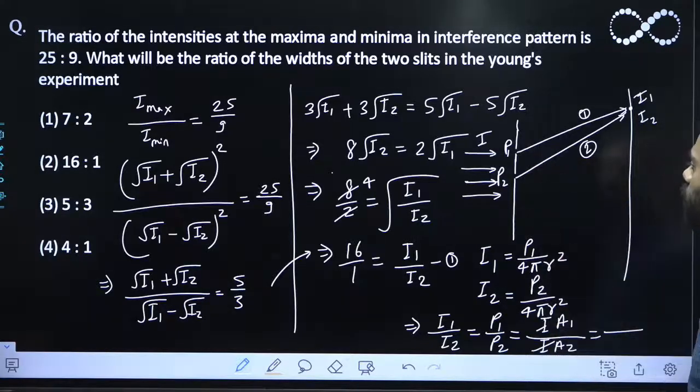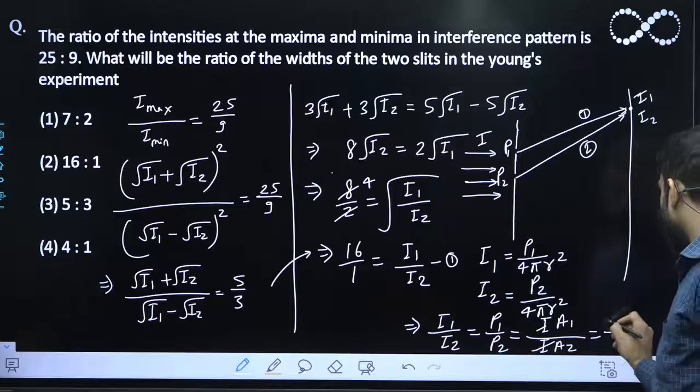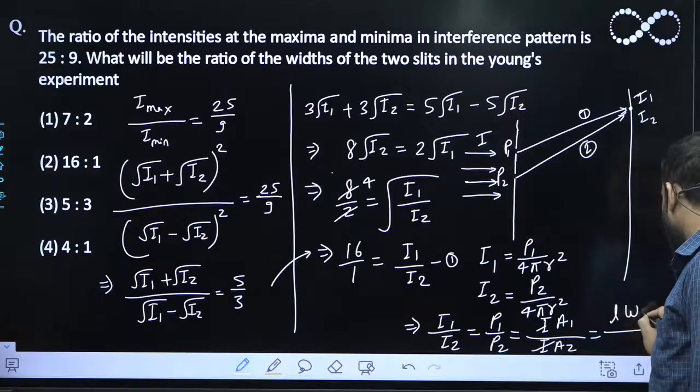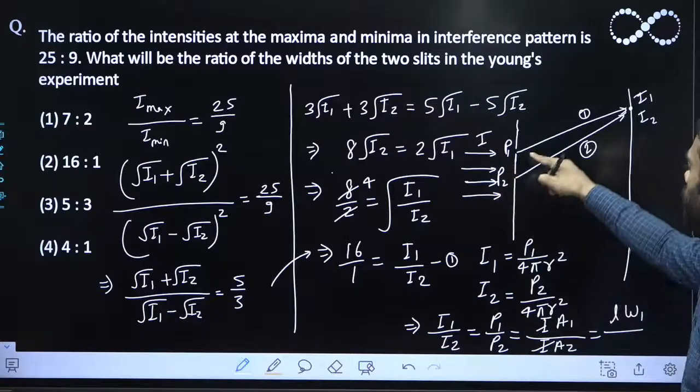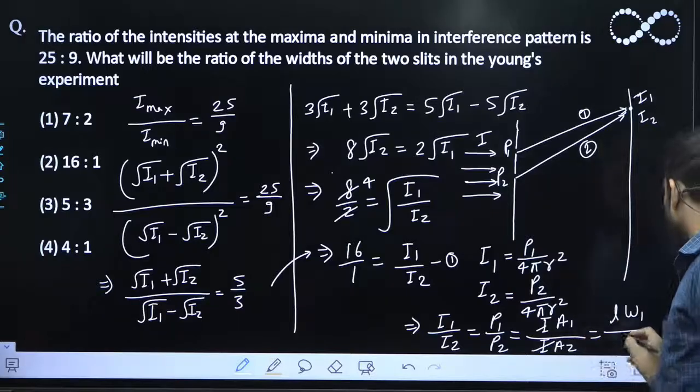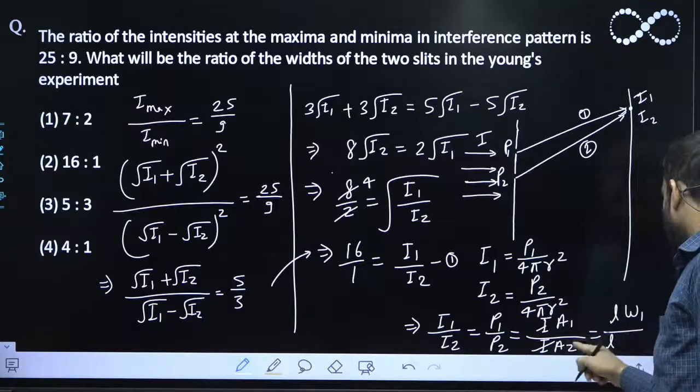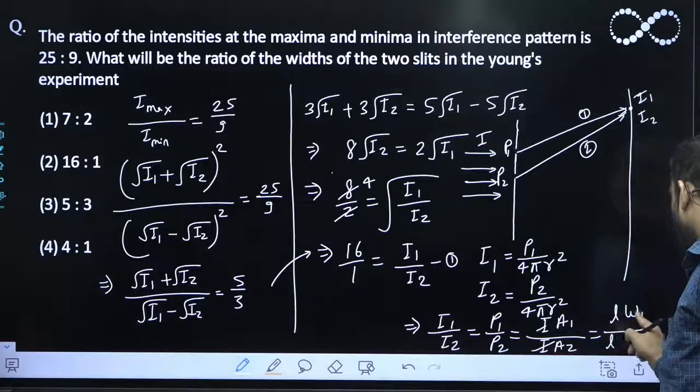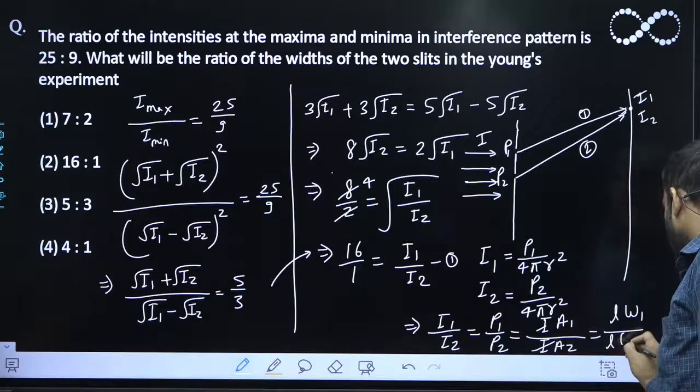Now the area of the first slit, it is saying the ratio of the width. So suppose the length of both the slits is the same, L, and the width is W1. For the second slit also, assuming the length to be the same L, the width is W2. So L into W1 is A1, and L into W2 is A2.